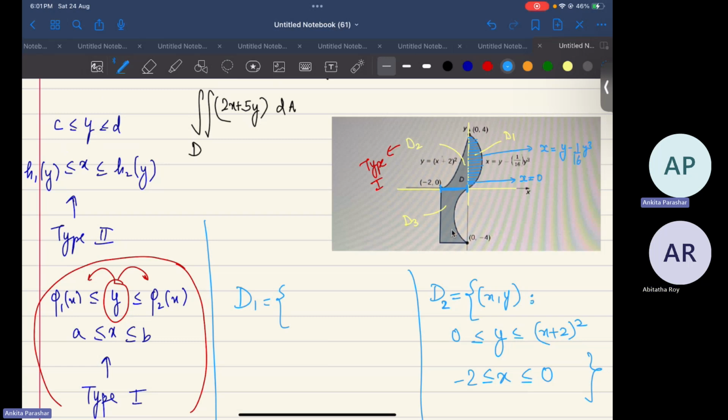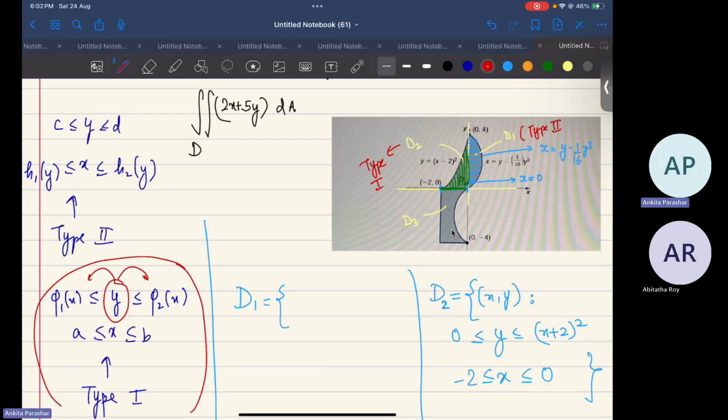And here in D2, you draw the lines parallel to y because you are writing y in terms of x. The base starts from y equal to 0 and goes till (x plus 2) whole square. Two curves determine the whole graph. So D1 is type 2.